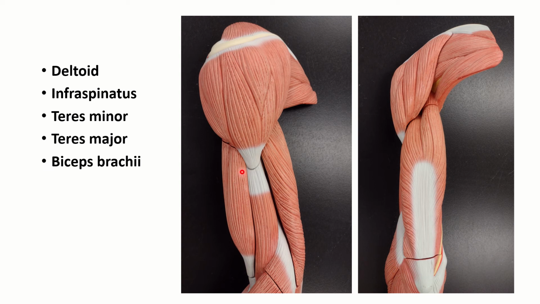Biceps brachii, so this is the anteriorly located. Brachialis and triceps brachii. This is triceps brachii. Posterior view, this is the lateral view. The deltoid, you can see it from anterior view, from lateral view, or from the posterior view.